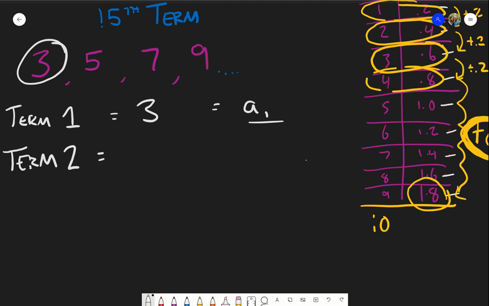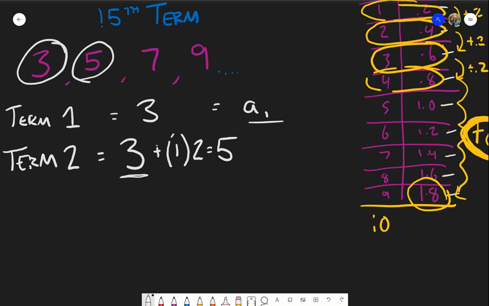To get to term 2, which is 5, we took our first term and added one of our common difference, and that equals 5.